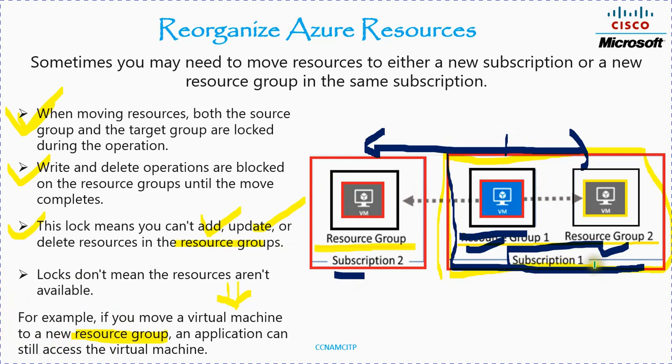In one subscription you have two resource groups, and one virtual machine can be moved to the second resource group, or you can take another subscription and create another resource group, and move that VM to that subscription as well as resource group. There should not be any confusion in this scenario.